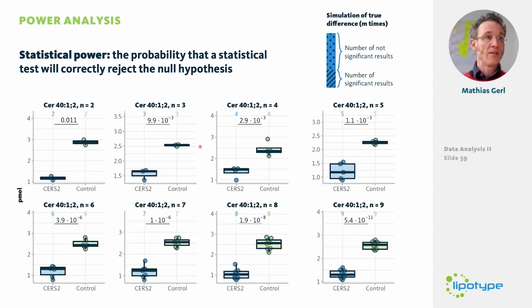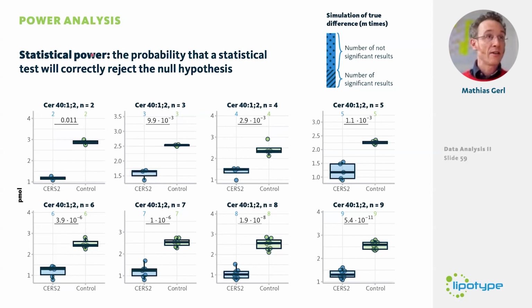And obviously, if you're always doing the same test, so I've sampled here from two different distributions of this lipid, and say you simply increase n, obviously the higher the n, the smaller the p-value, the more often you find a significant result, or the lower will be the p-value you achieve. So more is always better in this case, but what can you get away with is the question.